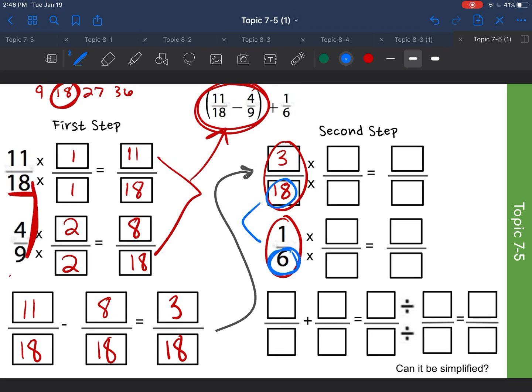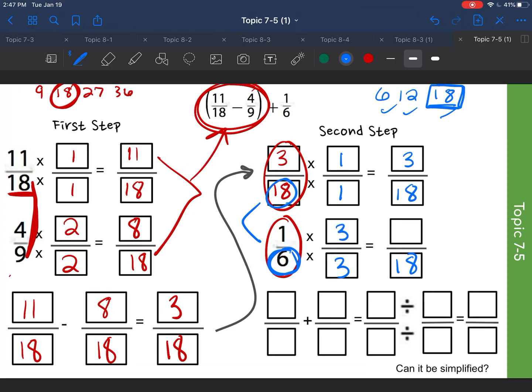Because if you were to list the multiples of 6, 12, 18, you would see right away, whoa, look at that, 18 is a multiple of 6, and I already have 18. So 18 is my lowest common multiple, or least common denominator. So I don't have to multiply by anything. I just multiply by 1. It stays 3/18. 6 times what gives you 18? 1, 2, 3.